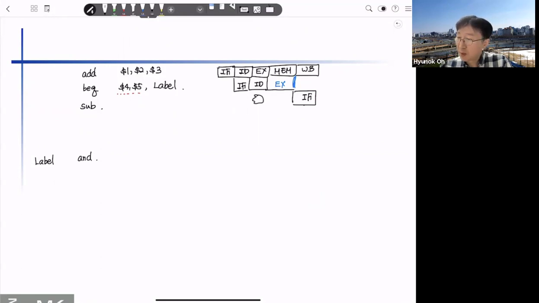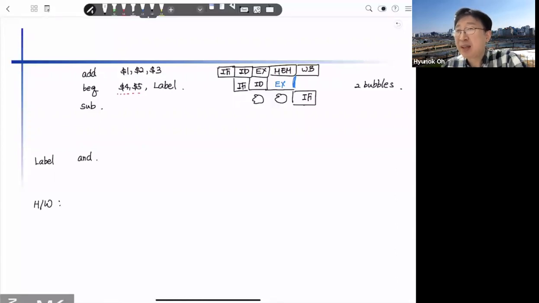So then how many bubbles do we need? Okay, so we need a bubble here. So we need two bubbles. It's a lot, right? So anyway, we have to reduce these bubbles. So first, the easy way is putting in more hardware, like a forwarding logic.